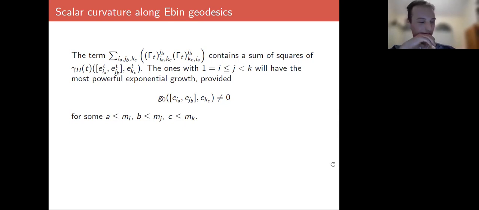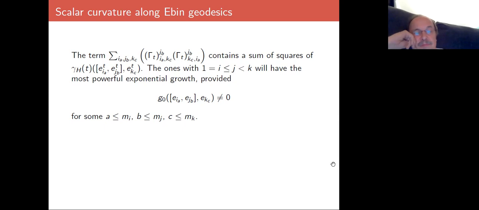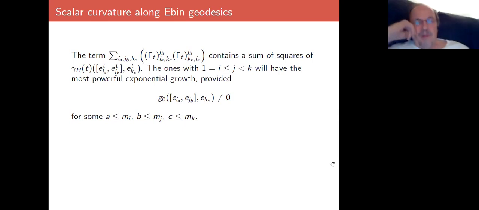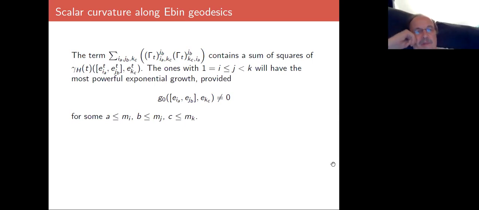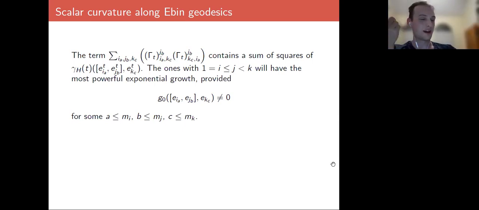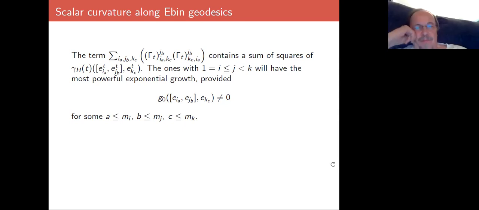I don't know if I can say much more than that. What sort of directions do you want to go in? You'd like to have some kind of uniform understanding of where it goes to plus infinity, minus infinity, not just along the special curves. You can attempt to answer that sort of question by varying h as well as t. Sure. But I don't know.